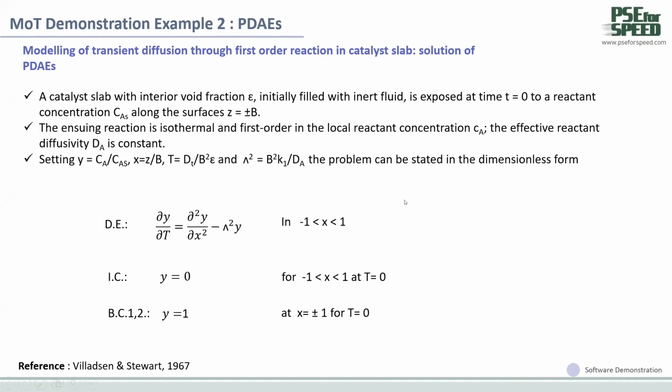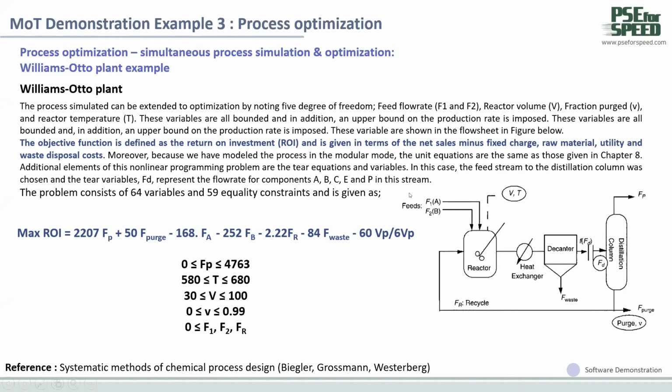Okay. Example 3 is related to process optimization. The simultaneous process simulation and optimization of the Williams-Otto plant will be demonstrated. The problem here is from the textbook Systematic Methods of Chemical Process Design by Biegler, Grossmann, and Westerberg.